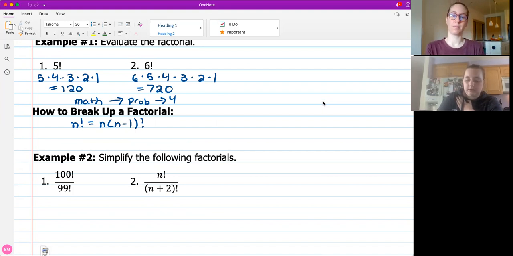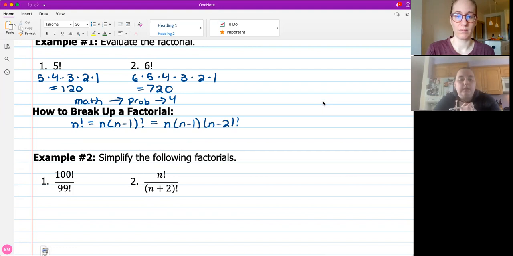And then you can also write it as n times n minus 1 times n minus 2 factorial. And this is going to come in handy when simplifying things, ones with variables, ones without variables that are just constants, like the two examples we have below. So let's do this first one.